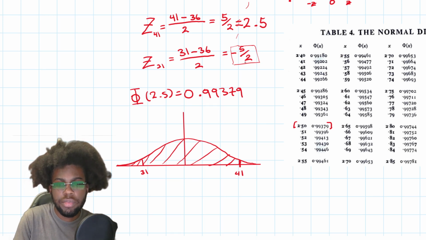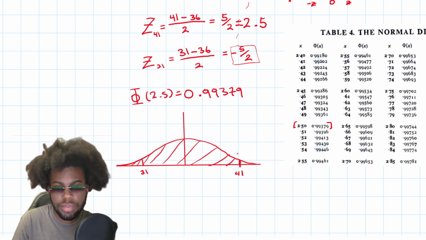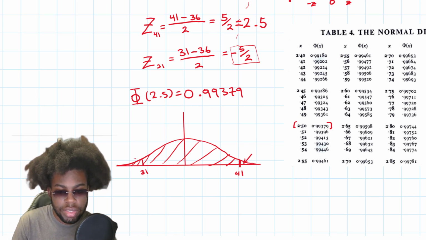But as I said before, because this is symmetrical, all we need to do now is find the area of right here and subtract it from what we have in total, as it's the same as the area right here.